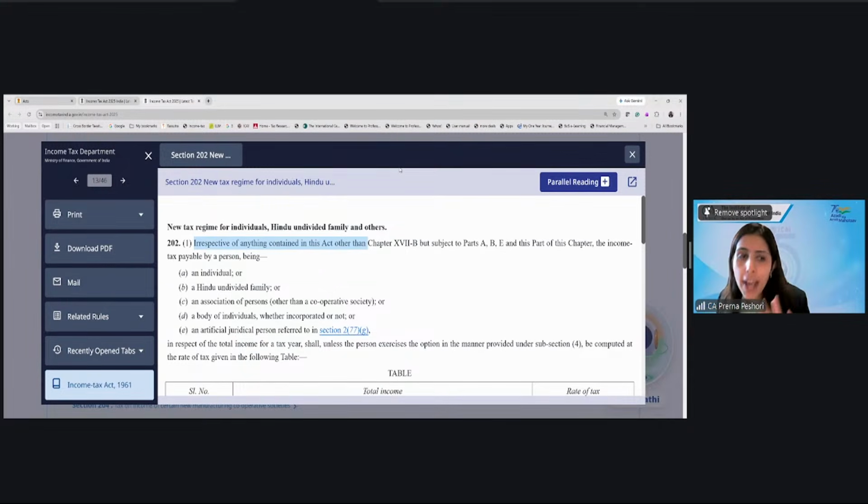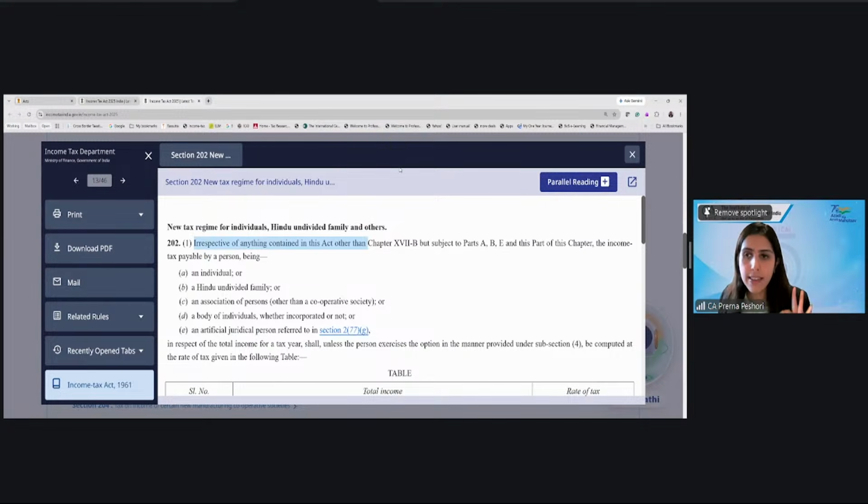Now, why is it subjecting to this particular chapter? The reason is that if there are any specific tax rates given for certain income, those tax rates will continue to apply to that income.